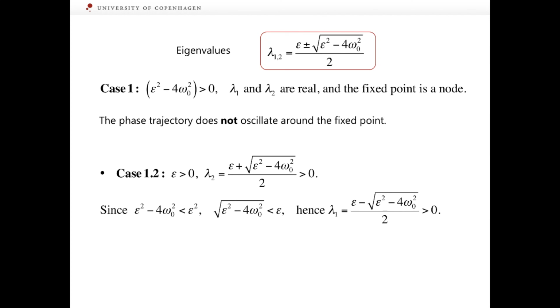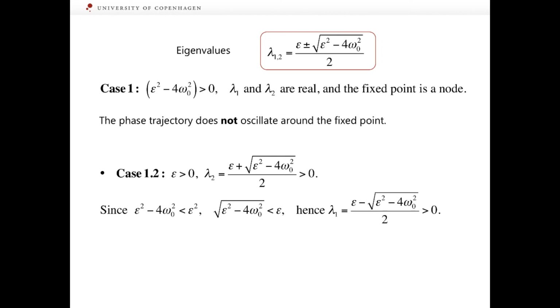And by analogy with what we did in the previous slide, consider the expression under the square root and deduce that it is less than epsilon squared, which means that the square root itself is less than epsilon. Now to form lambda 1, we take a positive epsilon and subtract from it a number which is less than epsilon and positive. The result is going to be a positive number, which means the first eigenvalue is positive.